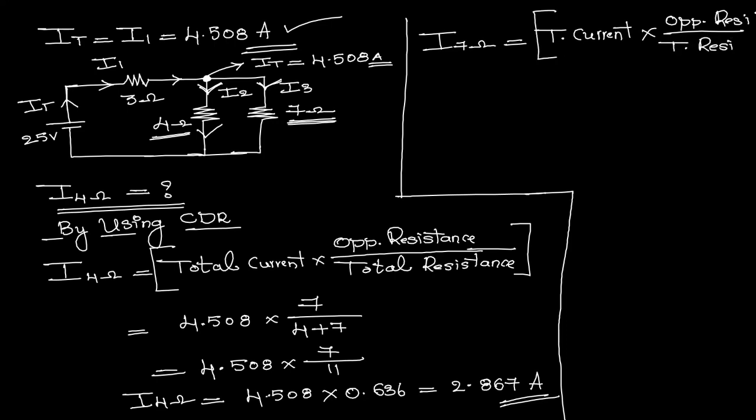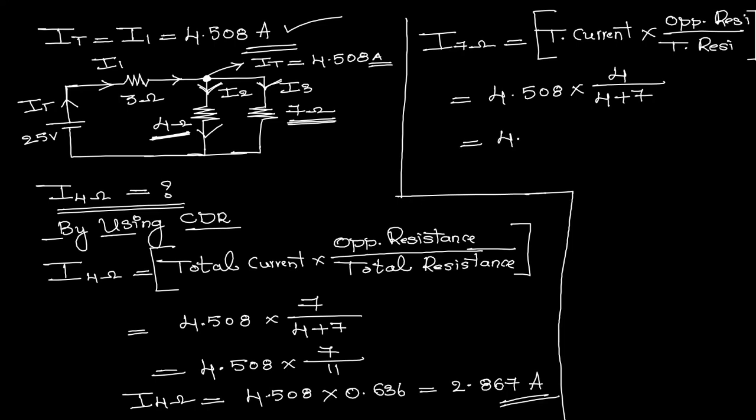Here the total current is the same, the total current available at the junction, 4.508. And the opposite resistance: we are now calculating the current flowing in 7 ohms, so the opposite resistance is only 4 ohms. So 4 divided by 4 plus 7.